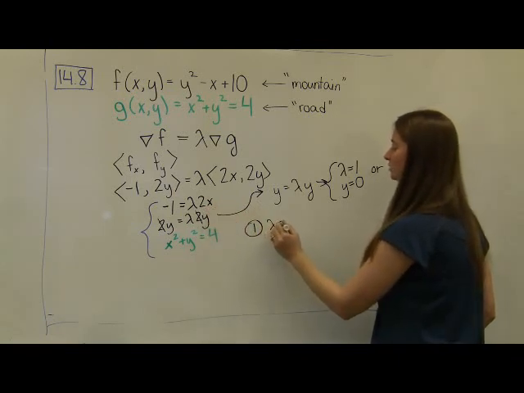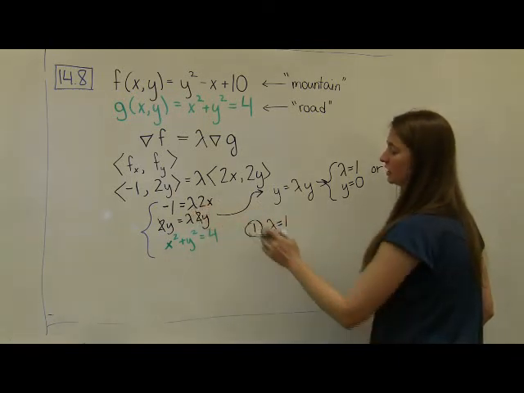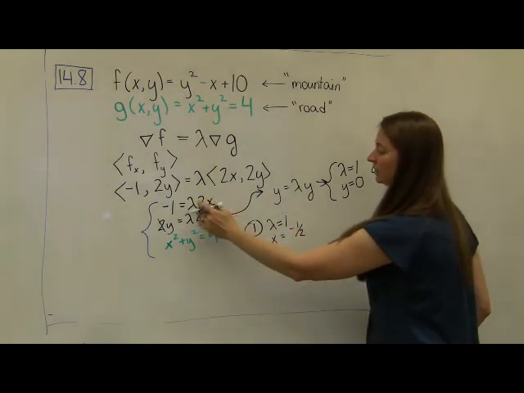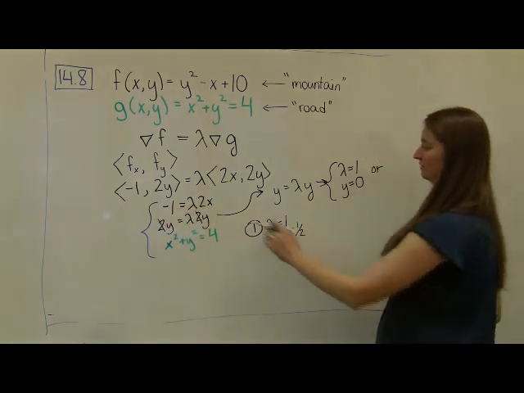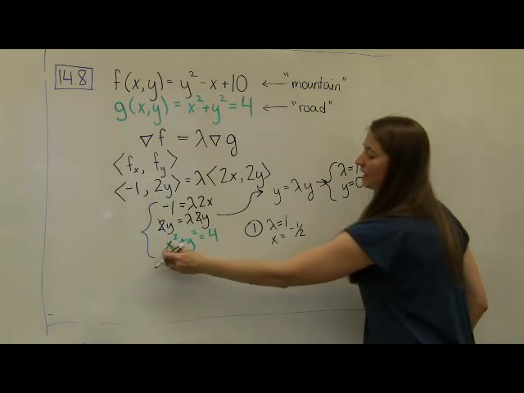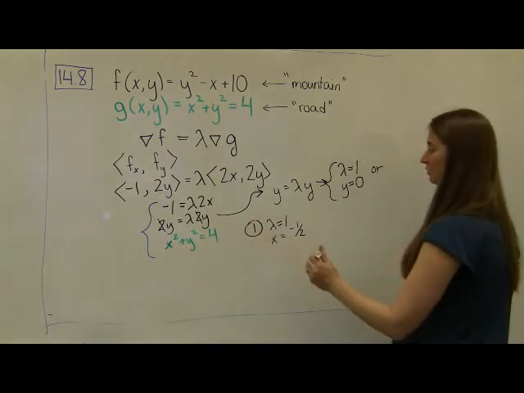But if I let lambda equal 1, I go back to my first equation, and that means x is going to be equal to -1/2, just solving, right, I subtract. And if lambda is equal to 1 and x is equal to -1/2, I can plug that -1/2 into my constraint function and find out what y is.